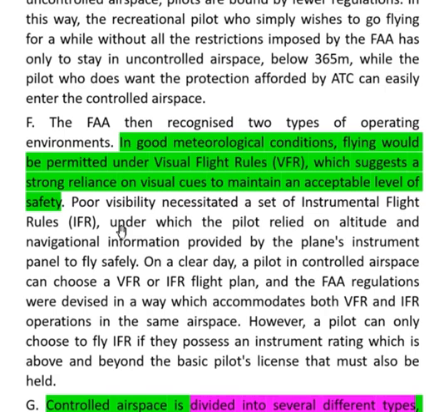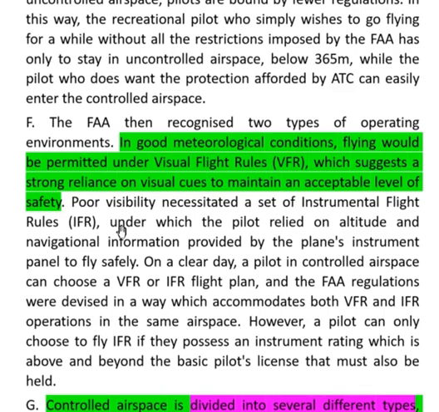In good meteorological conditions, flying would be permitted under visual flight rules known as VFR, which suggests a strong reliance on visual cues to maintain an acceptable level of safety. So from this paragraph, we can see that it's about weather conditions. The paragraph tells us about rules or regulations regarding flying under certain weather conditions.